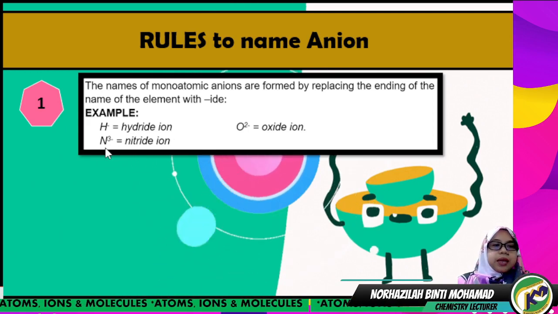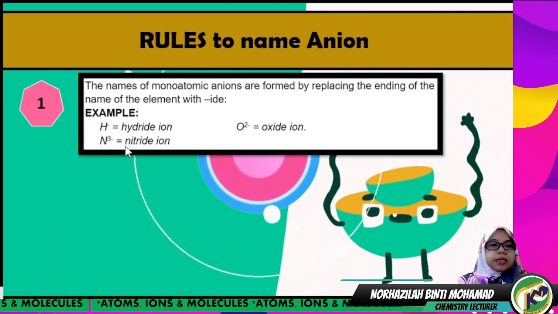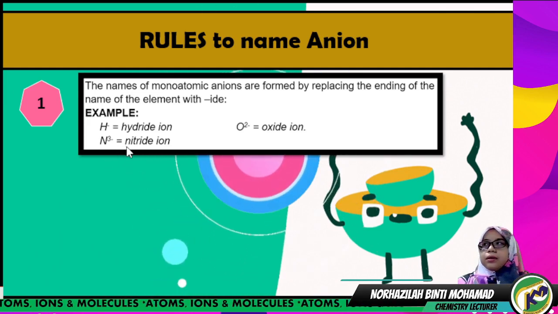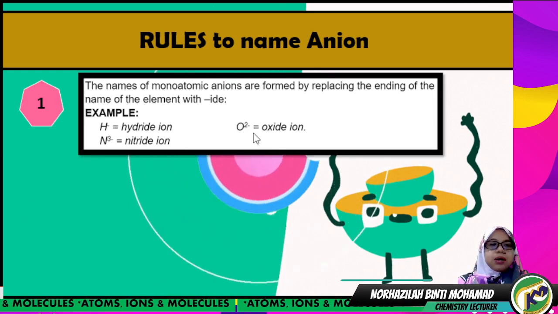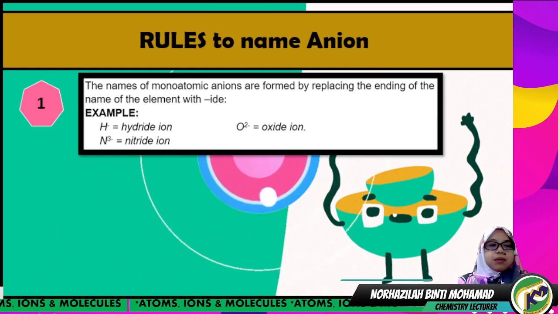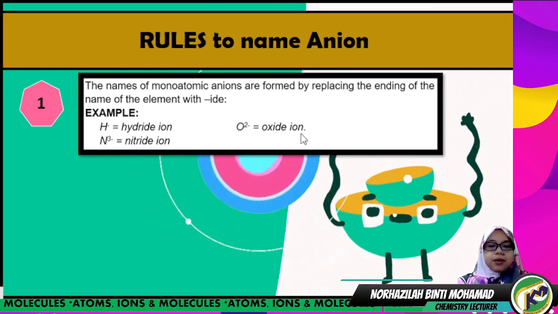And then this one, N3 minus, comes from the element nitrogen, so we change its name to nitride ion. And then this one, O2 minus, comes from the element oxygen, so we change its name to oxide ion.